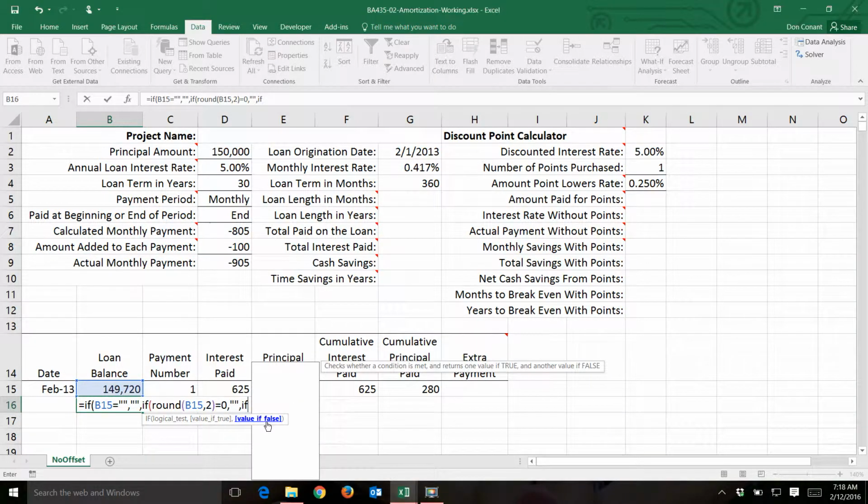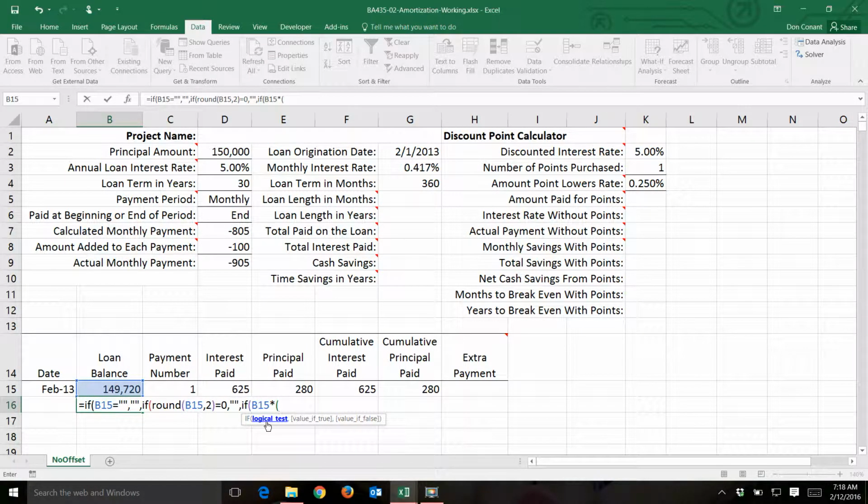If it isn't, we need to look at the value above us and increase it by the periodic interest amount. So we'll do 1 plus our periodic interest amount, which is in G3, and I have to be sure to set that to absolute.